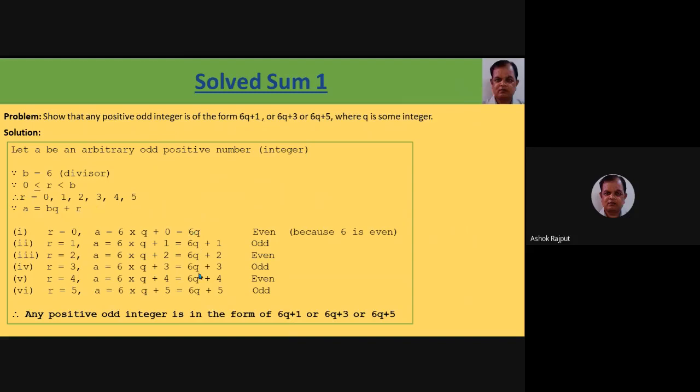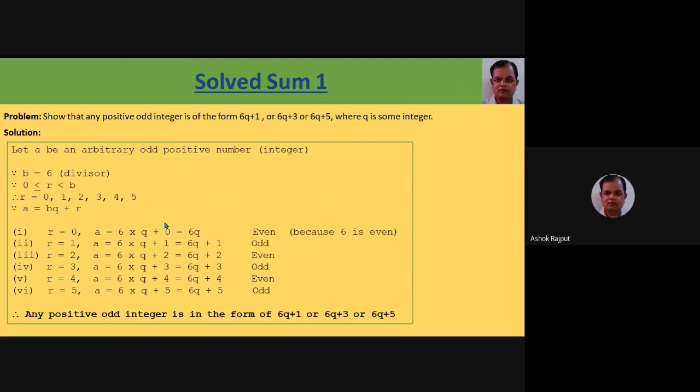This way you can solve other sums and find what the question is saying. Note down those terms only. It is very simple. You only need to know a equals bq plus r. The remainder you can decide from the divisor, as it is always less than the divisor.